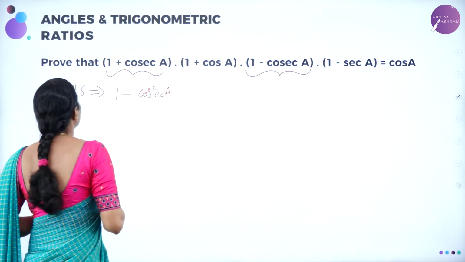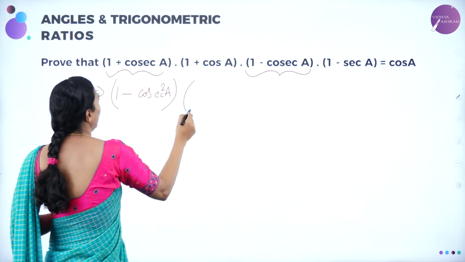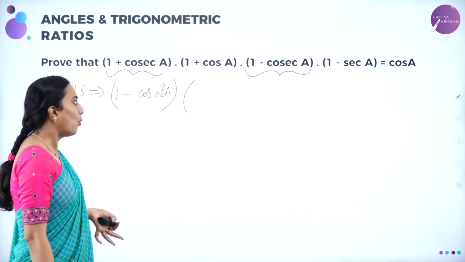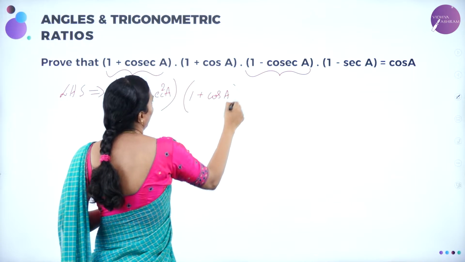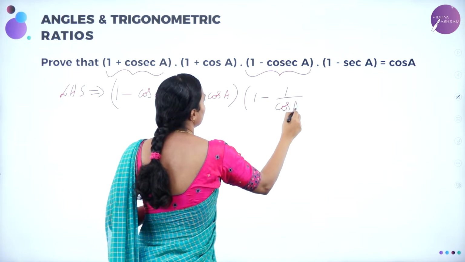Now which will be 1 minus cosecant squared A into, you are having 1 plus cos A into 1 minus secant A. 1 plus cos A as it is I am writing, and 1 minus secant A I am writing secant A as 1 by cos A.